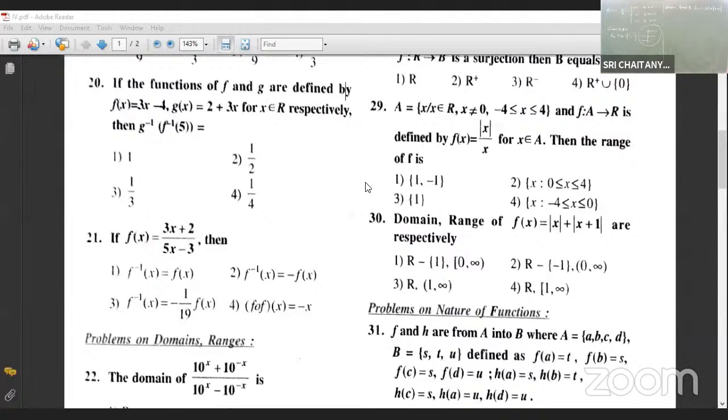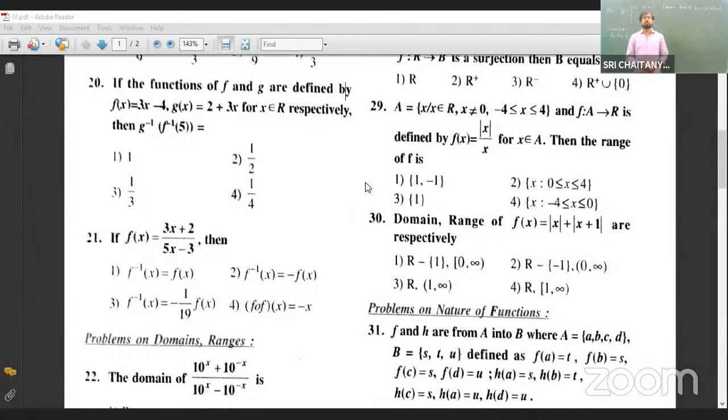Now observe the problem that has been given to you: the domain and range of |x| + |x + 1|.